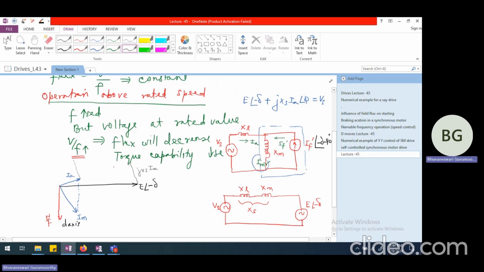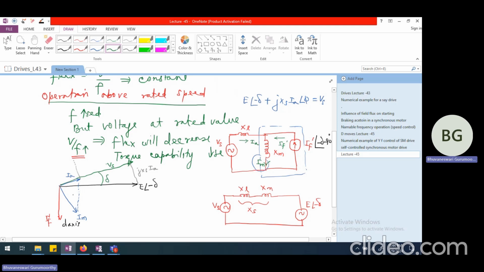So when I add these two together, I am going to have this as Vs. And between Vs and E, the angle will be delta. That is the load angle delta.